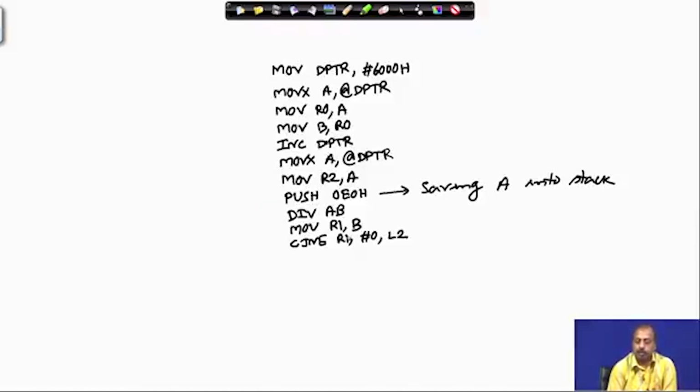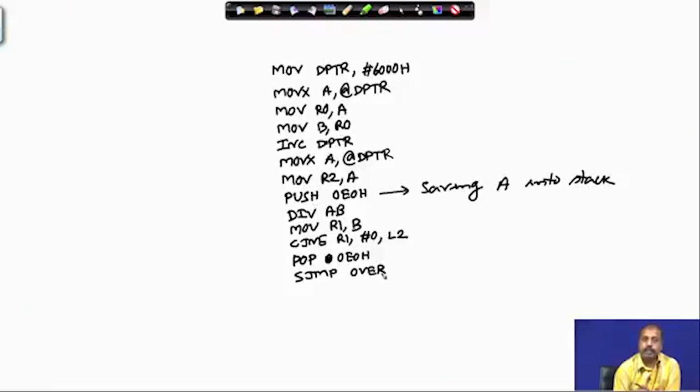So, whatever was the content of the A register, that is the correct LCM value. We can get that back by doing a POP 0E0 hex, and then SJMP over, meaning the program has been completed. So, we have got the number, and we do not need to do anything.